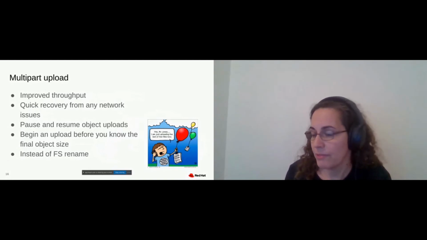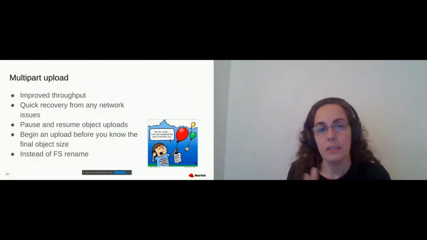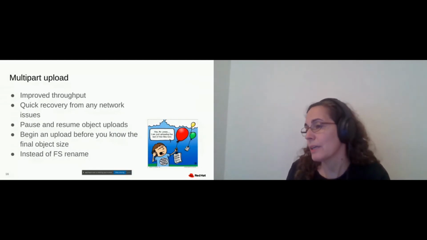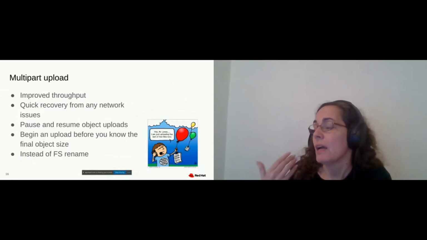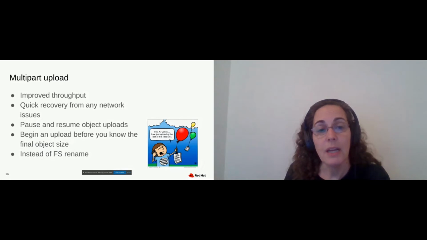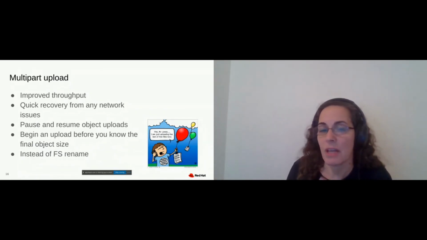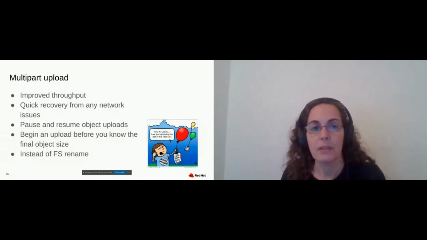For example, on my phone, I only upload photos when I'm in a Wi-Fi area. So if I go out of the Wi-Fi area, the upload will pause, and when I go back, it will continue from the last part that I hadn't uploaded yet. You can upload an object when you don't know the final size, for example, when you stream video, and you can use it as a transaction instead of what we use with file system rename.